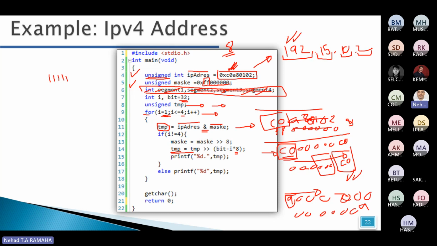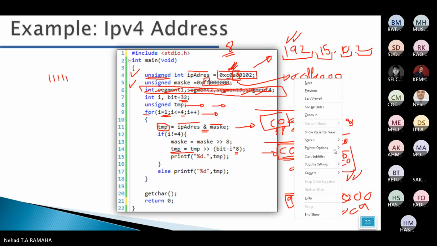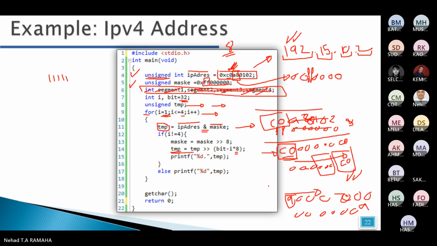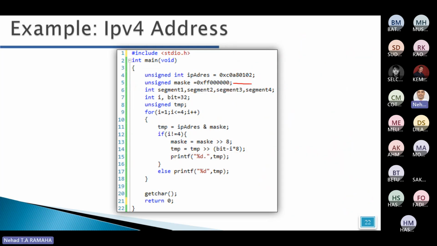First time the mask like this. Second time I need these digits. What's the mask to get these two digits? It's everything 0, 0, 0, 0, 0, here F, F, and here 0, 0. Yes? So first time the mask like this.